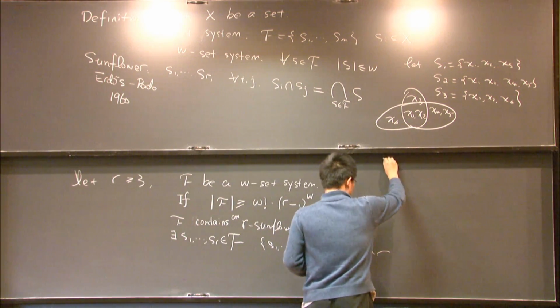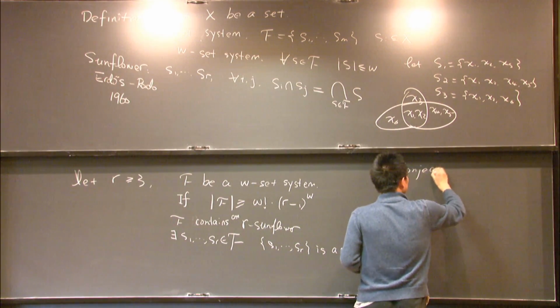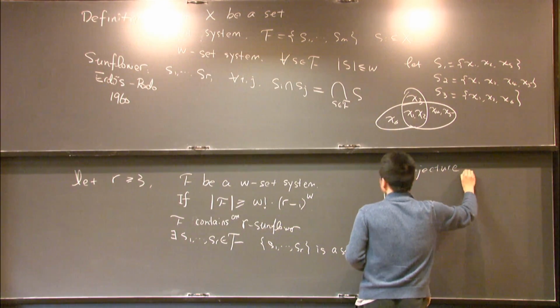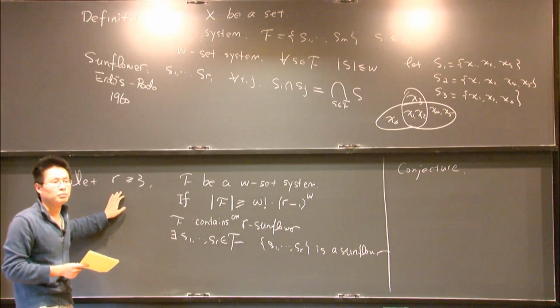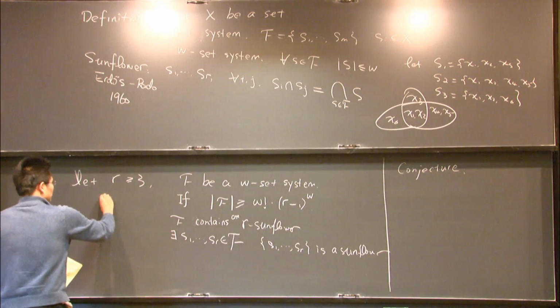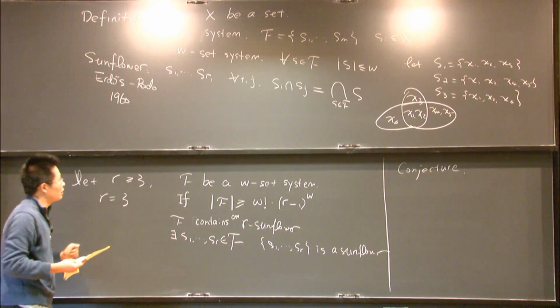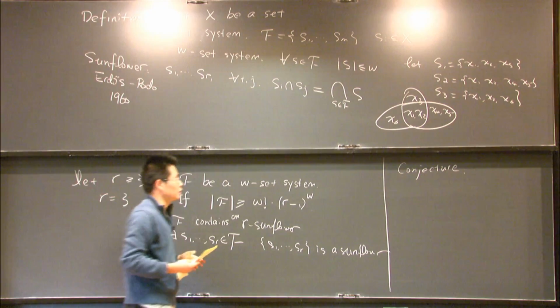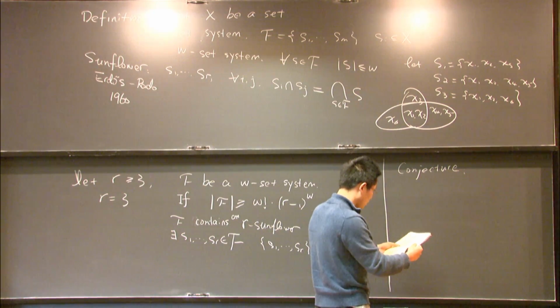This structure has a lot of applications in theoretical computer science and combinatorics. Then what is the sunflower conjecture? In this talk, we're going to focus on r equal to 3, because for r equal to 3 this lemma is not trivial and it's pretty hard. But our result can be extended to any arbitrary r.